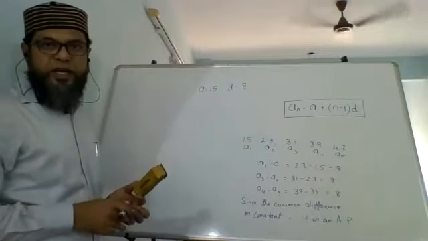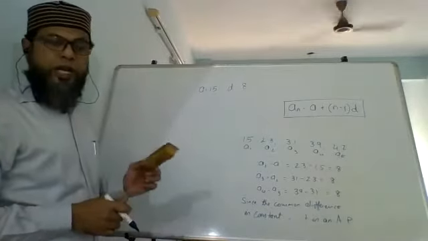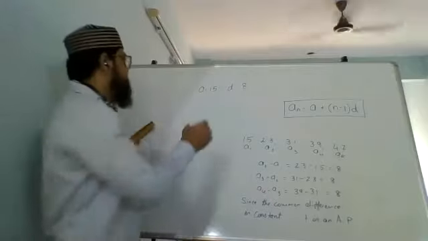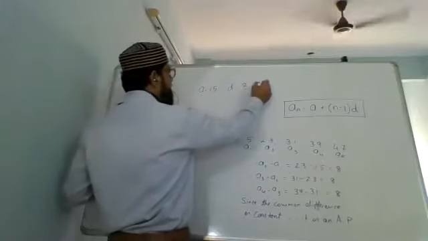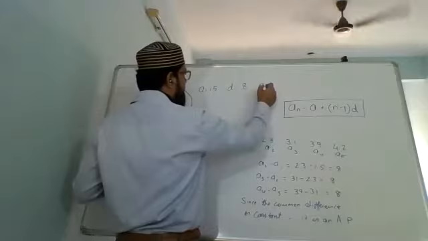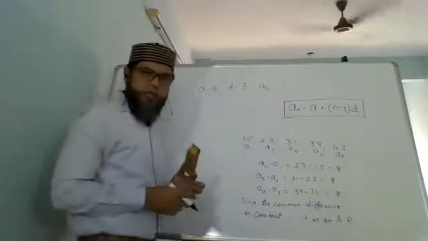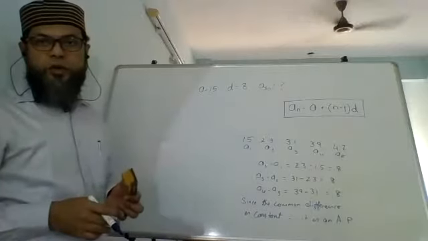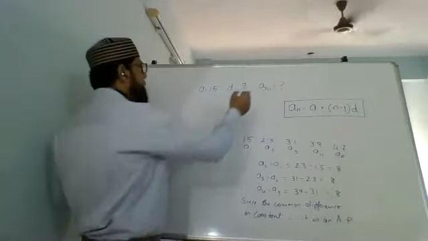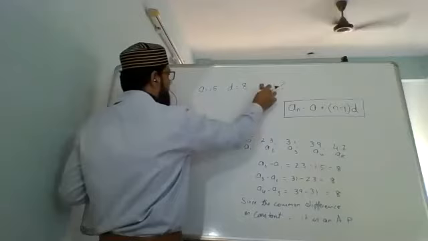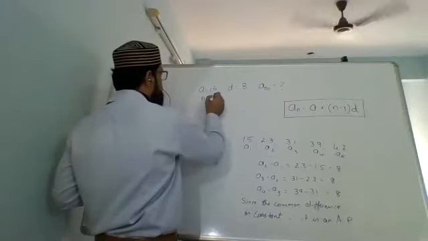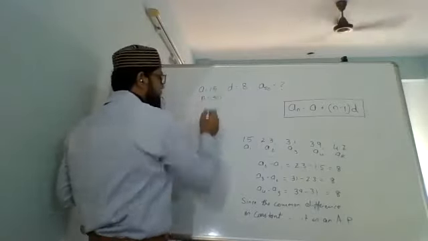A is 15, D is 8. Now what we need to find out is the 50th term. A50 equals question mark. That means we know this is AN. That means we know N equals 50.